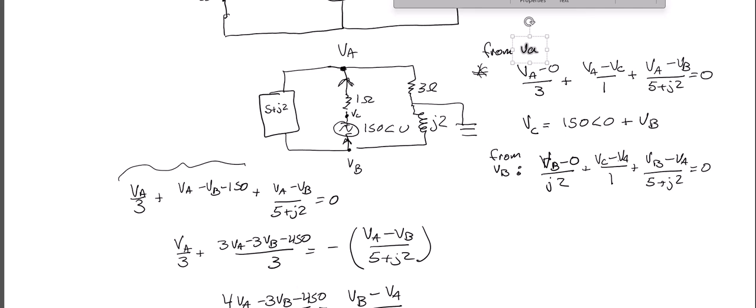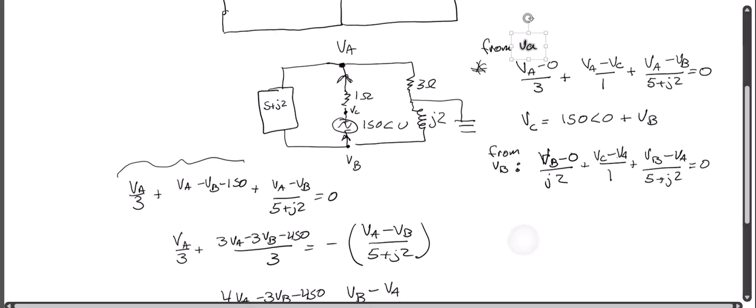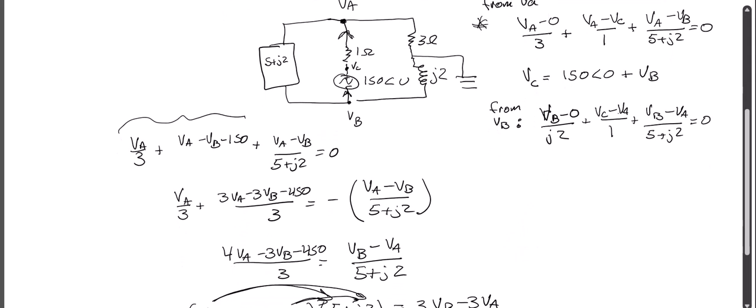Where's the VC equals 150 plus VB? What I did with that is I just substituted that back in for VC in this one right here. It's just equal to the voltage source. Oh, you mean how did I come up with that? Right. Why's the VB? How does that come into it?